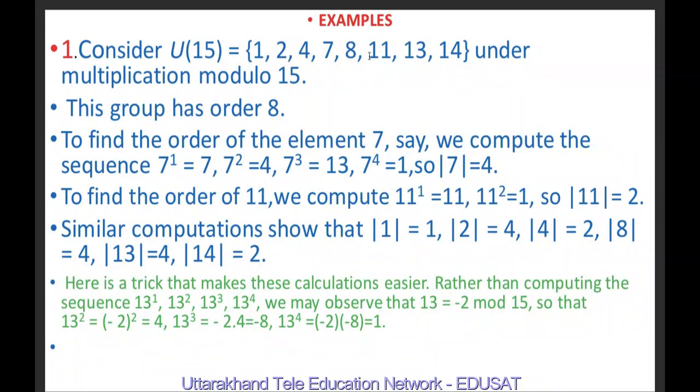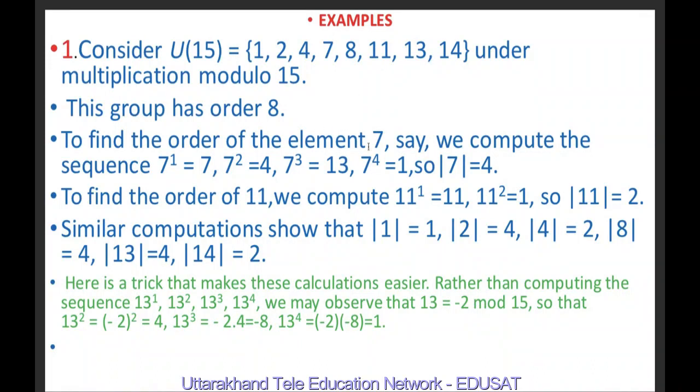So we will write those elements whose greatest common divisor is 1. So U15 is the set of all the integers less than 15 which are relatively prime to 15. The number of these elements is 8. So the order of this group is 8.